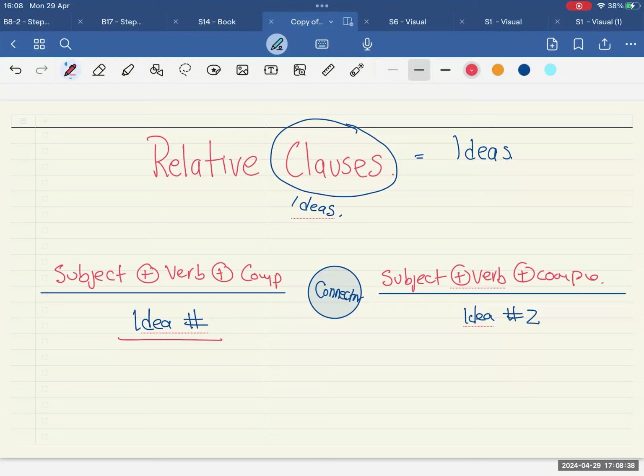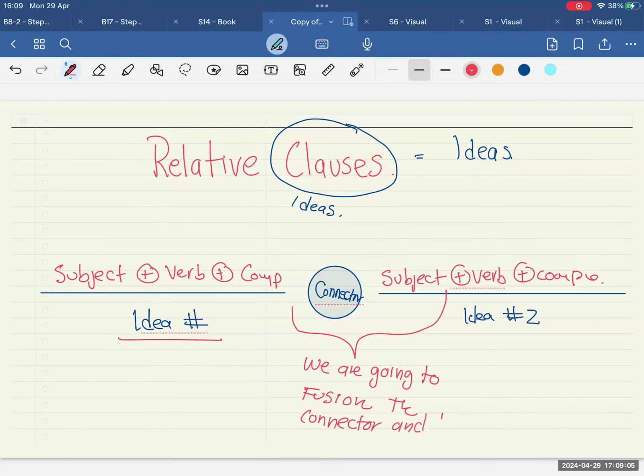So what we are going to do today is fuse the connector and the subject.